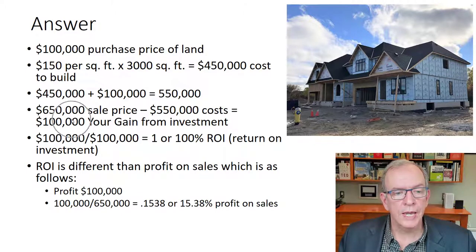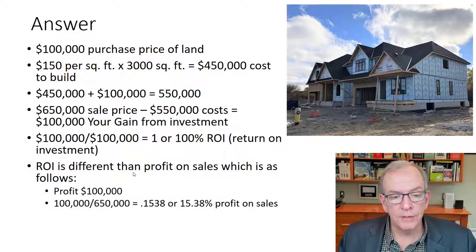So you take your gain from the investment and divide it by the investment, and that gives you 1. So you've got a return on investment of 1 or 100%. So from your $100,000 that you invested, you got $100,000 back.